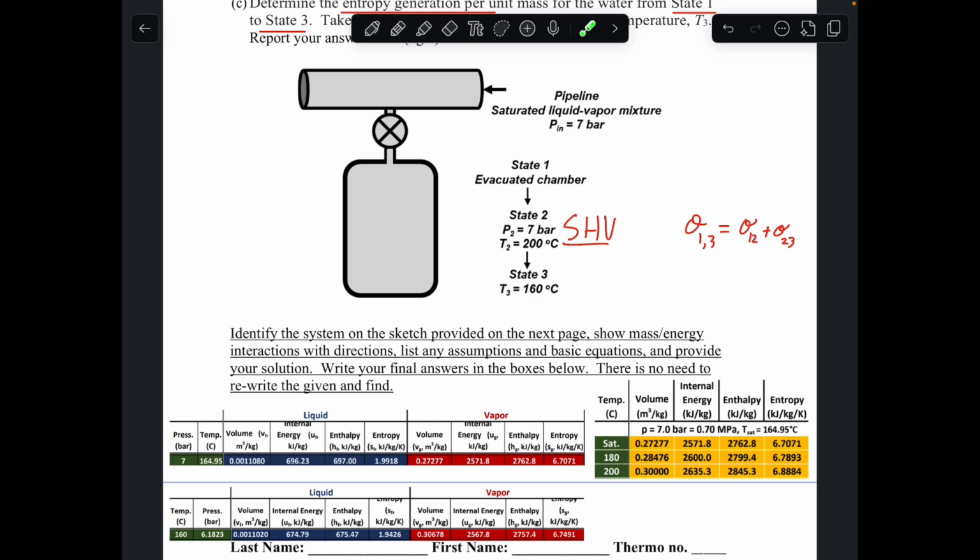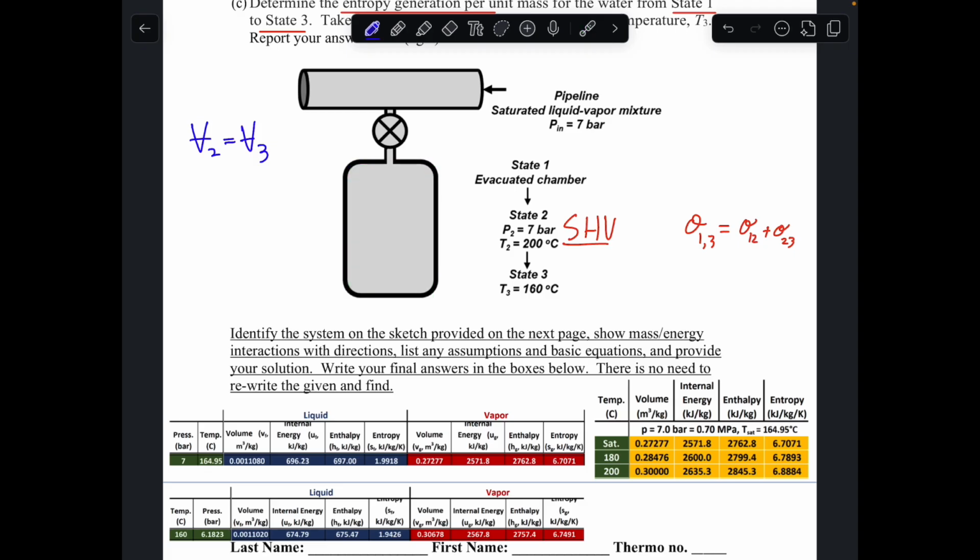The way that we can do that is by realizing here that we have a rigid tank and we are not changing the specific volume from state 2 to state 3. So rigid tank, we know that the total volume is fixed. The total volume at state 2 is equal to the total volume at state 3 because the total volume of this tank is not changing.